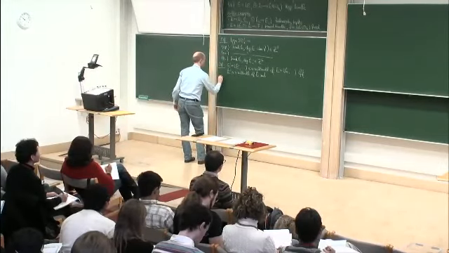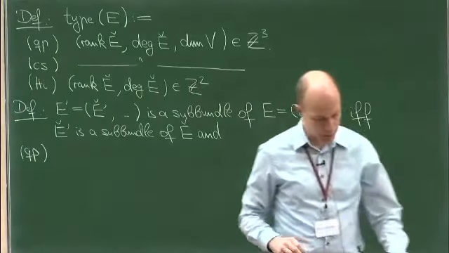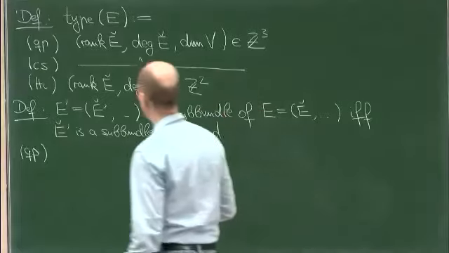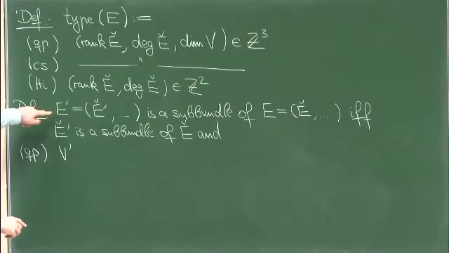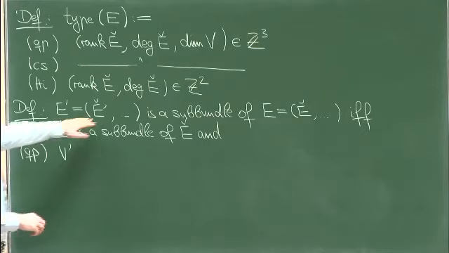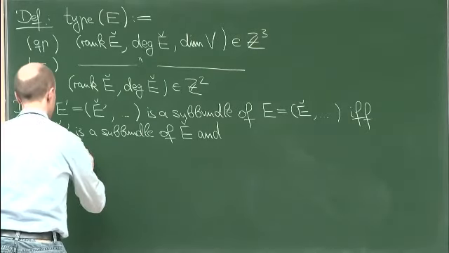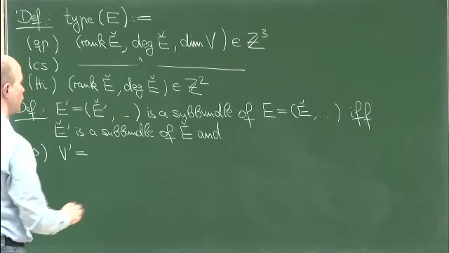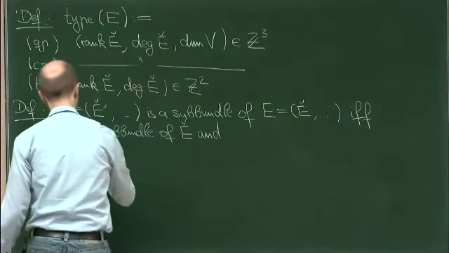For quasi-parabolic bundles, the condition is just that the vector space V prime, which is the augmentation of this vector bundle, is precisely the induced one from V. So there's V, which is the augmentation here.